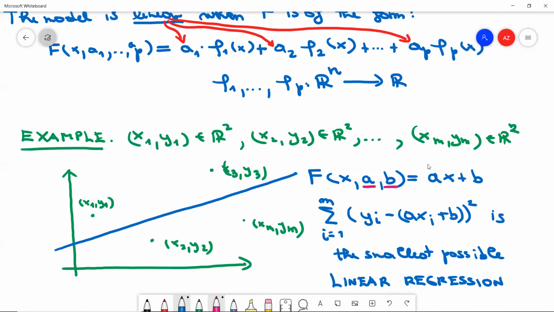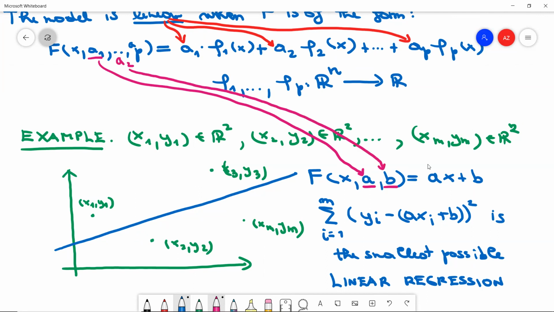So a corresponds to, let's say, a1, and b corresponds to a2. Here a1 is this a, and phi1 of x is just x. So this function phi1 of x was x.